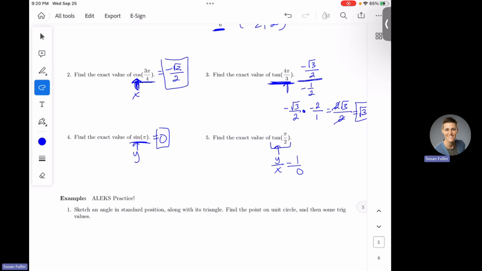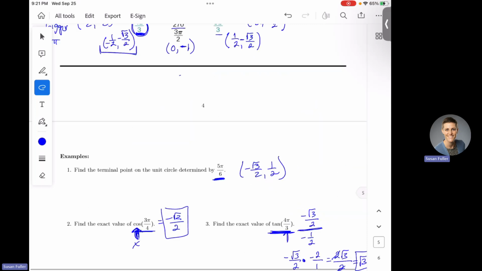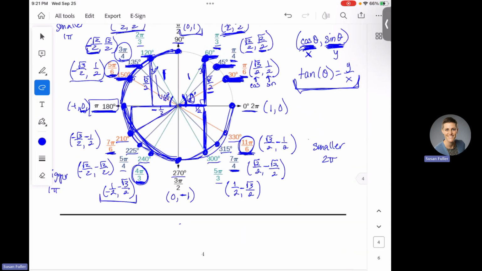Yeah, I can't do that. I can't divide by 0. That makes my head explode. This is undefined. Sometimes you don't get a value out. The tangent of pi over 2 is undefined. There is no tangent of pi over 2. So some weirdo things can happen, but there's a lot of really great quick information on this unit circle.